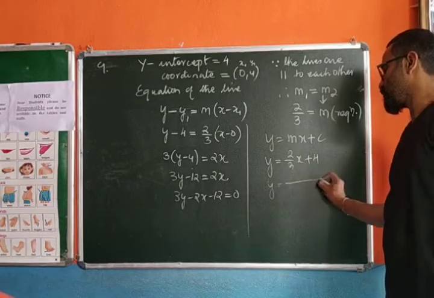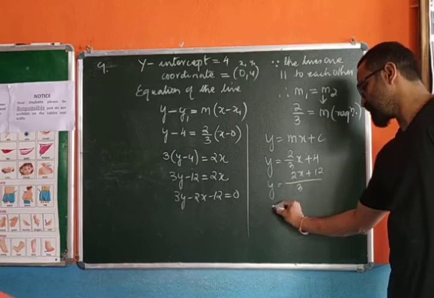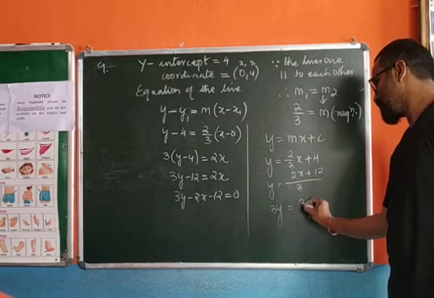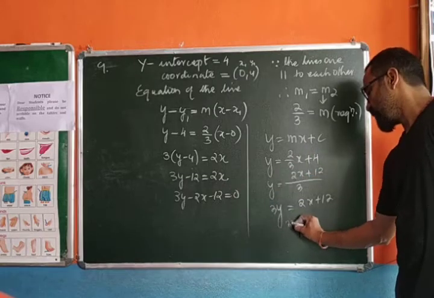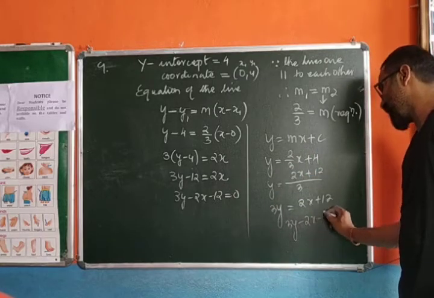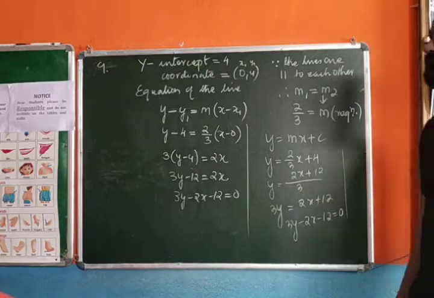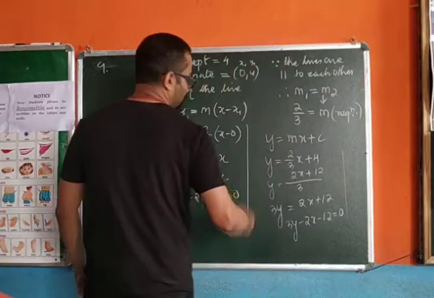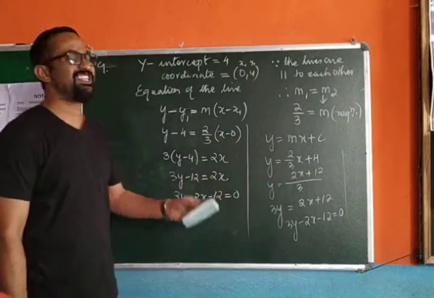Take LCM 3, you get 2x plus 12. Cross multiply, 3y is equal to 2x plus 12. Arrange it, 3y minus 2x minus 12 equal to 0. The same answer will come.